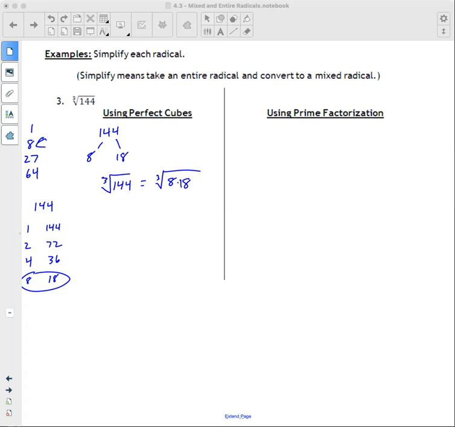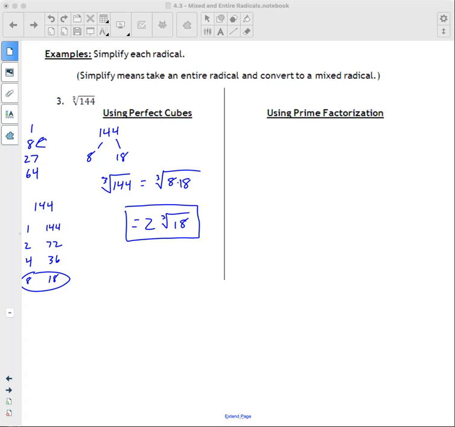And because 18 is not a perfect cube, I'm just going to leave that inside. So that can simplify to 2 cube root 18. Again, that one takes a little bit more work, just because I'm not as familiar with the perfect cubes as I am with the perfect squares.